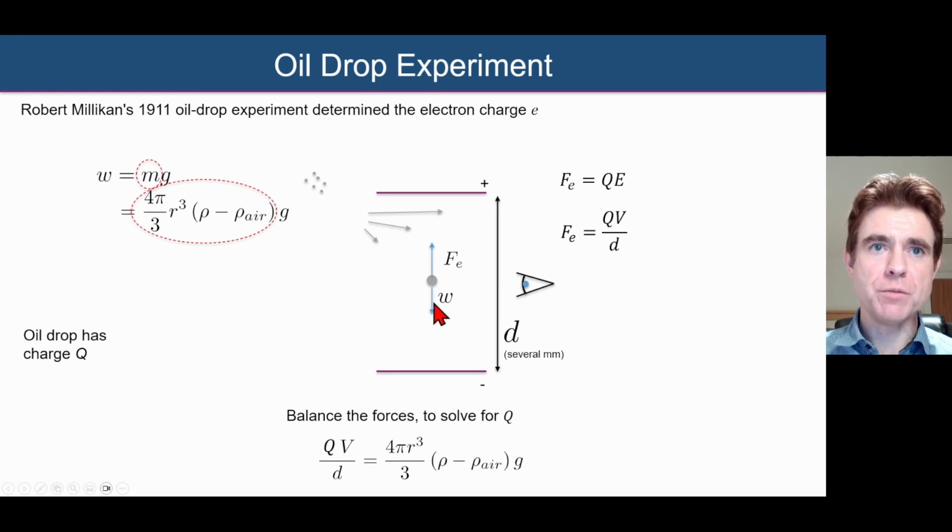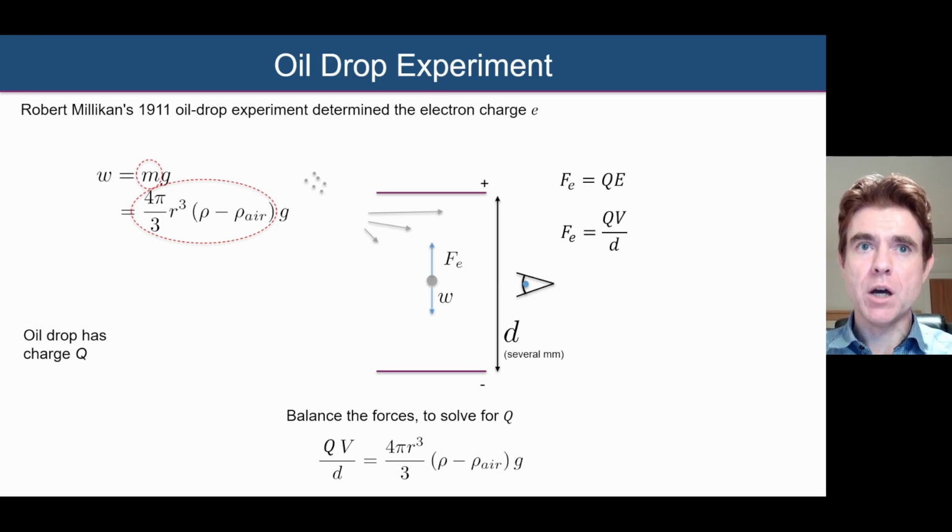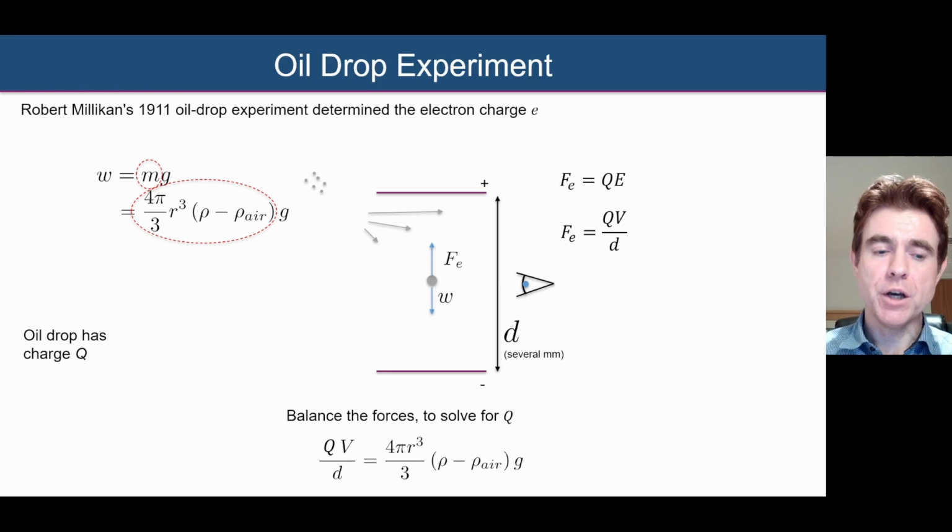Okay, so what we're going to do is balance those two forces. When an oil droplet is falling between the two plates, we can adjust the electric field such that the gravitational force downwards, the weight, matches the electric force attracting the oil droplet upwards.